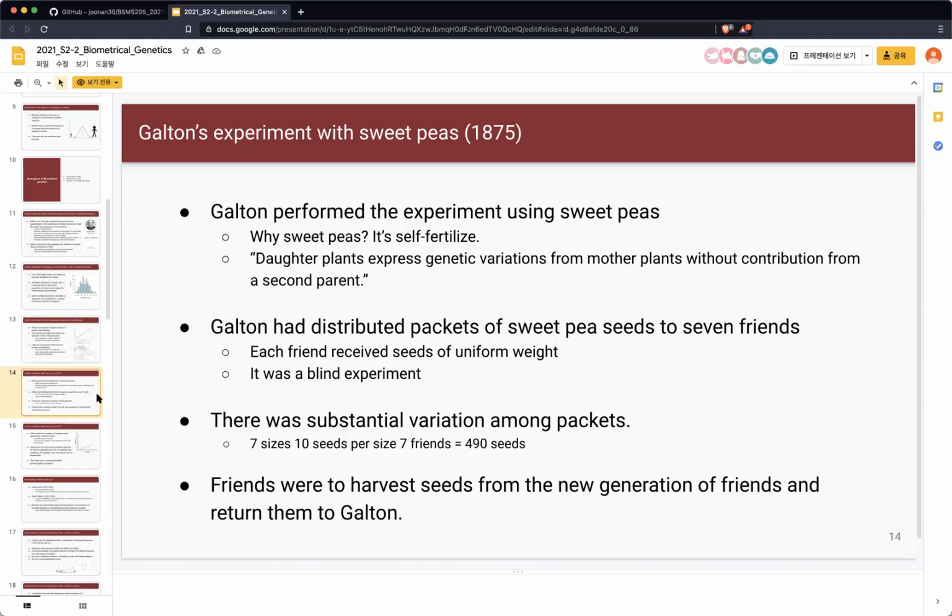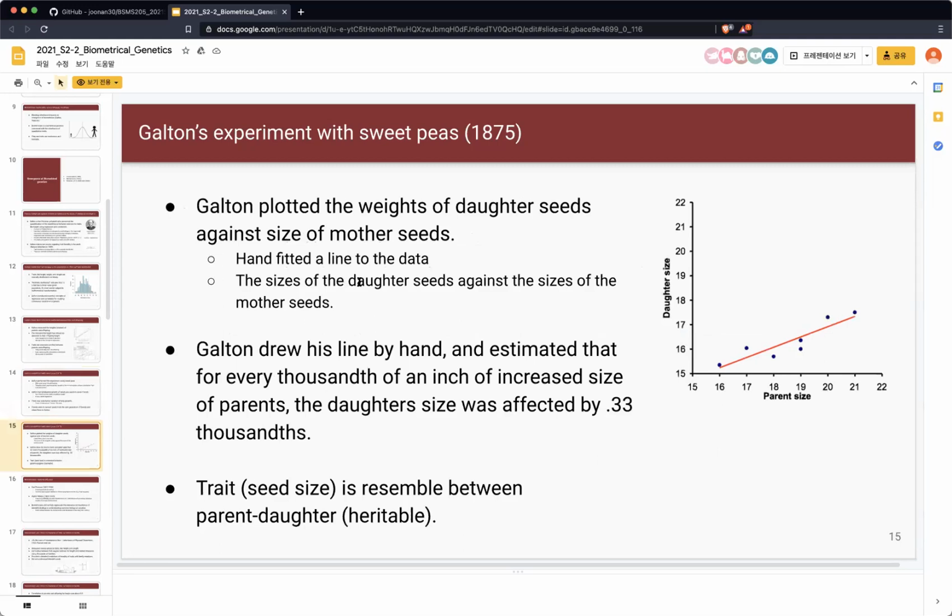And as you can see from here, the parent size and daughter size are also quite correlated to each other. This is the same observation as you see in the human height data set as well.